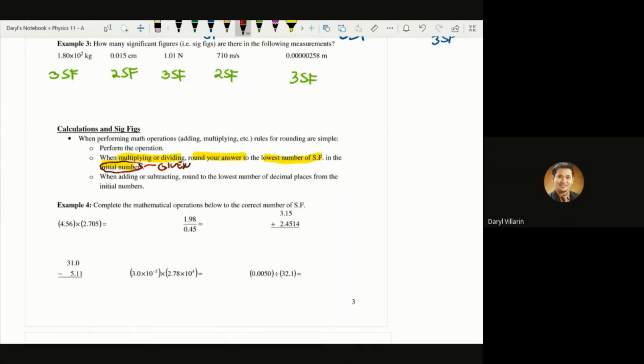Okay, so for multiplication and division, you follow the same rule. You try to express your final answer to the lowest number of significant figures.